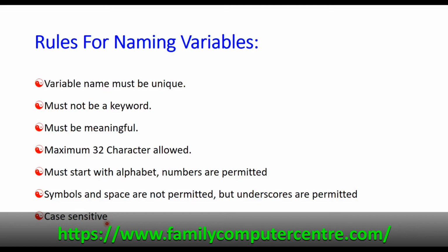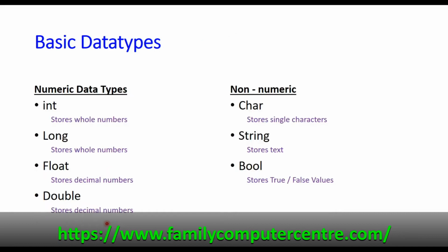Now we will see the basic data types we can use in C++. Data types in C++ are mainly categorized into two main categories: numeric data types and non-numeric data types. The name itself tells you what they are. Numeric data types are for storing numbers, and non-numeric data types are for storing data which are not numbers.